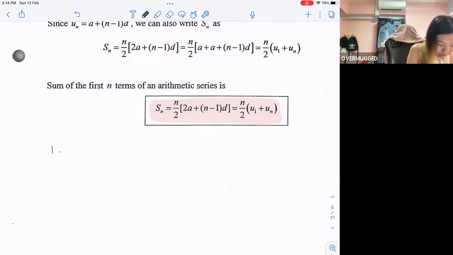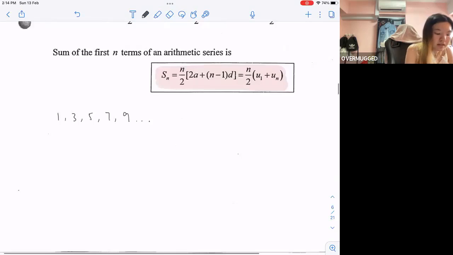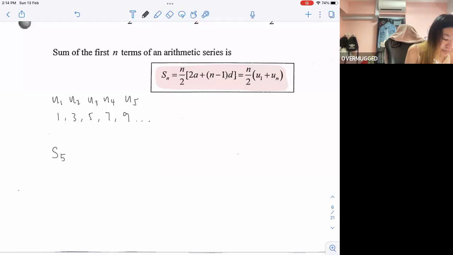We have our 1, 3, 5, 7, 9, and so on and so forth. This is my U1, U2, U3, U4, and U5. Let's say I want to find my S5, which will be 1 plus 3 plus 5 plus 7 plus 9, but I don't want to do it manually. I will just plug it into this formula.